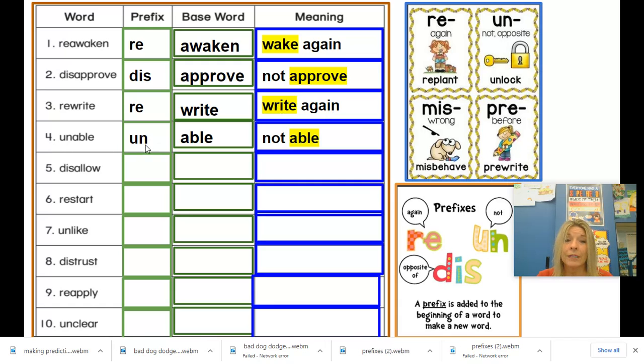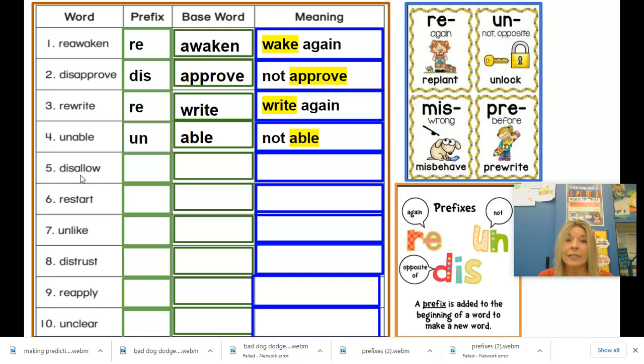Unable, the prefix is un, the base word is able. When I see that prefix, un means not. So unable means you're not able. Keep that base word in the meaning or the definition. We need that in there. Let's do 2 more. Let's do numbers 5 and 6.